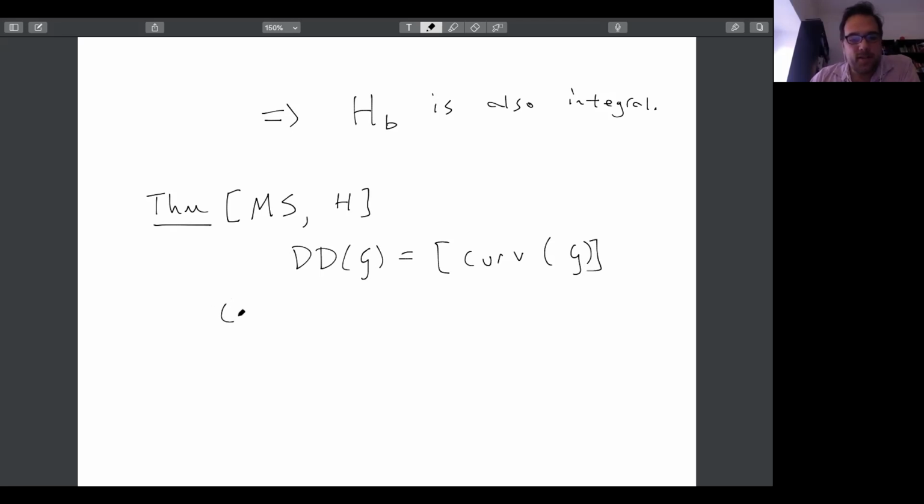This says that the curvature H is integral. It's also closed by construction.